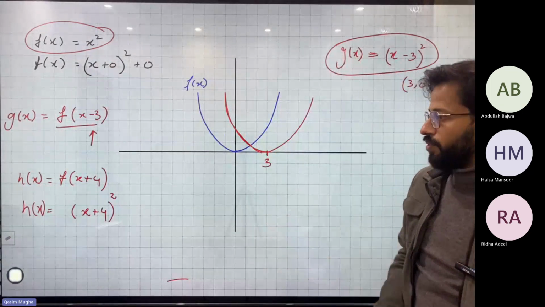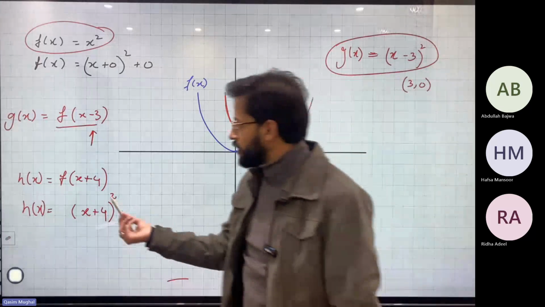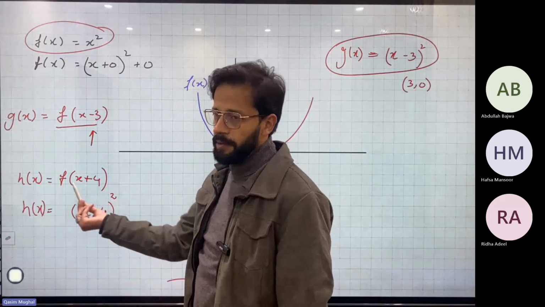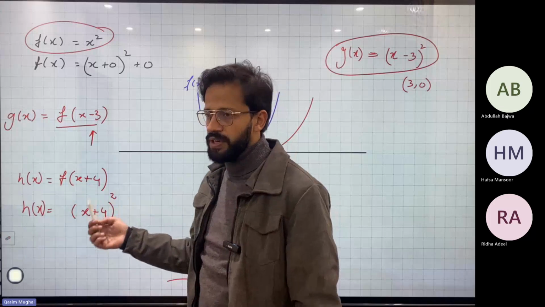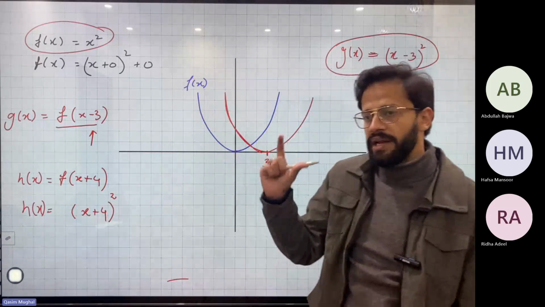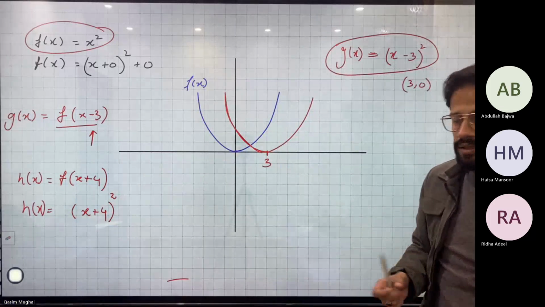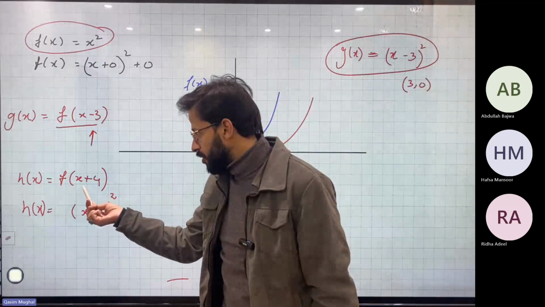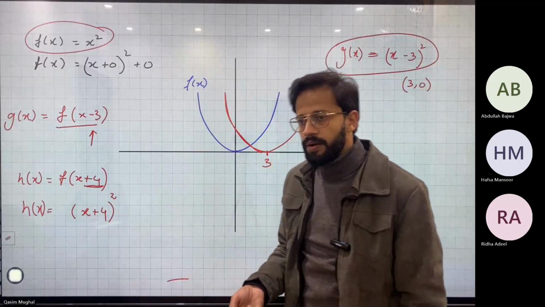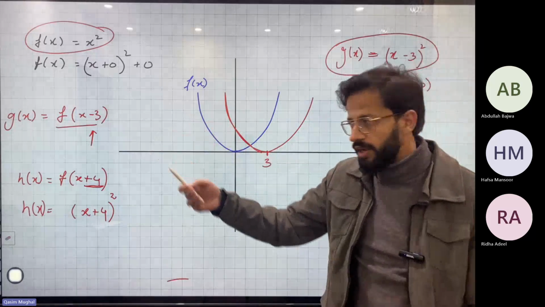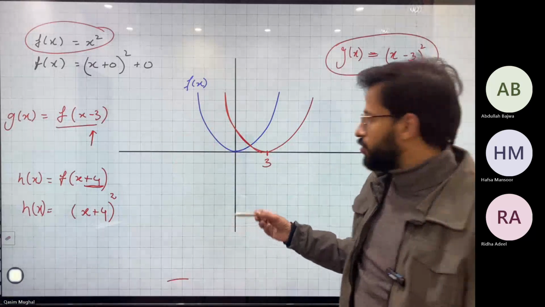अब x plus 4 whole square means f of x plus 4 का क्या मतलब है? f of x plus 4 फंक्शन के अंदर 4 ऐड कर रहे हैं x के साथ. What does this mean? Just explain me this part. 4 places to the left. 4 places to the left.